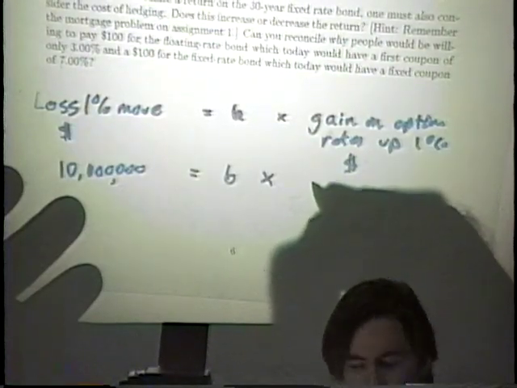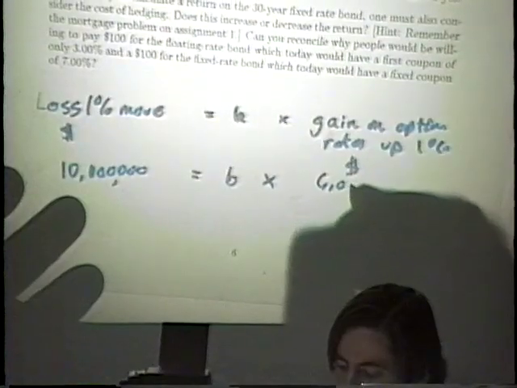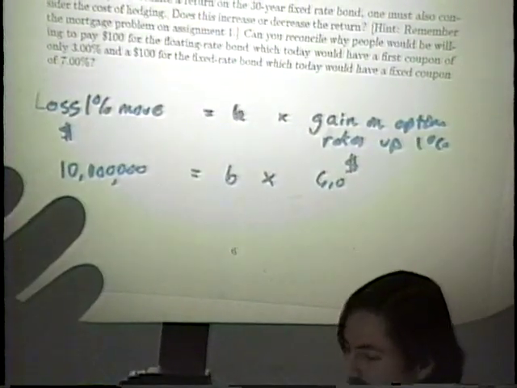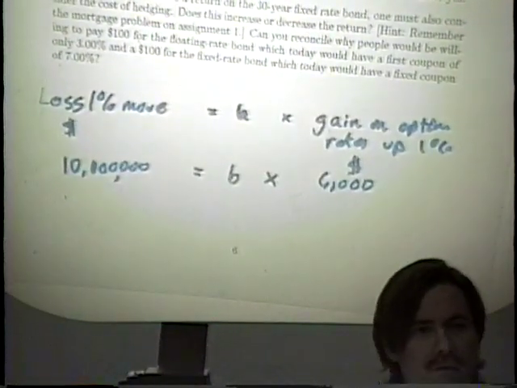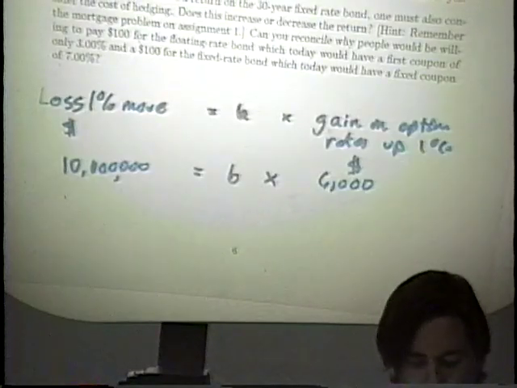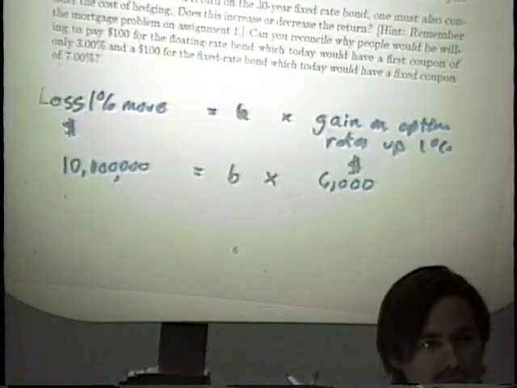Is that correct? It's $100,000, 6,000? Solve for B. And if you get an odd contract size, just round to the nearest one. That tells you how to set up a hedge. Very useful information. So all we're doing is recognizing that the modified durations are different.